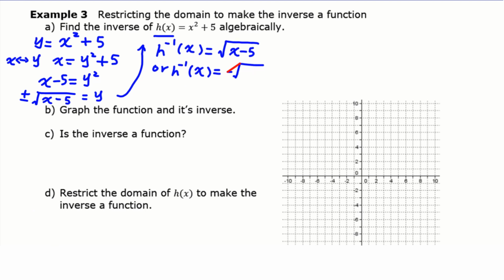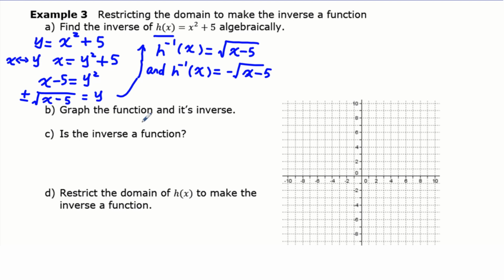So these are the two parts of the inverse function. Both of them are inverse functions of h of x.